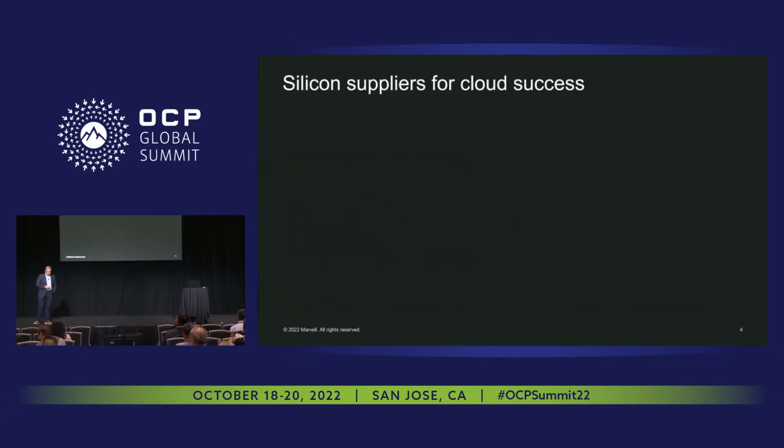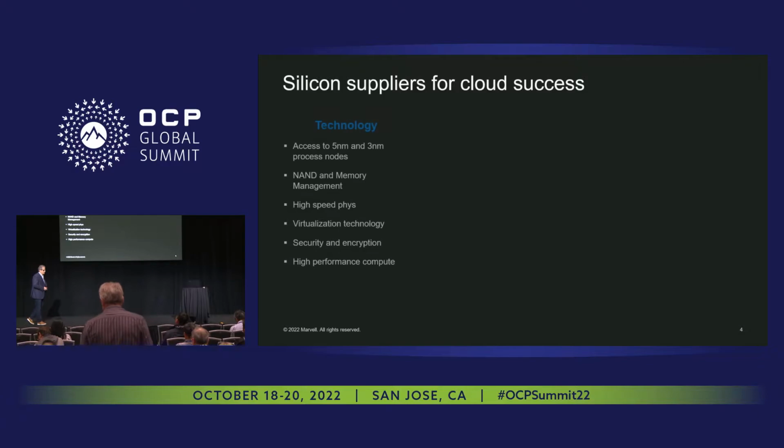So what is necessary to be successful for a silicon supplier? So when we look at the technology, we need to have leading edge process nodes that can provide the lowest power and the highest performance. We need a management firmware that is optimal and robust. And we also need to be able to provide high-speed PHYs.